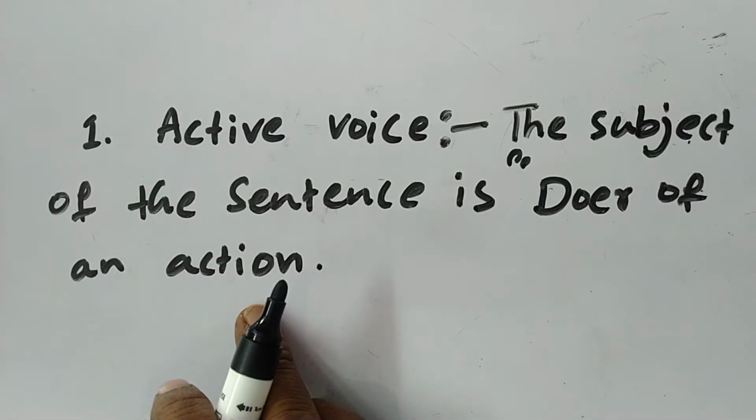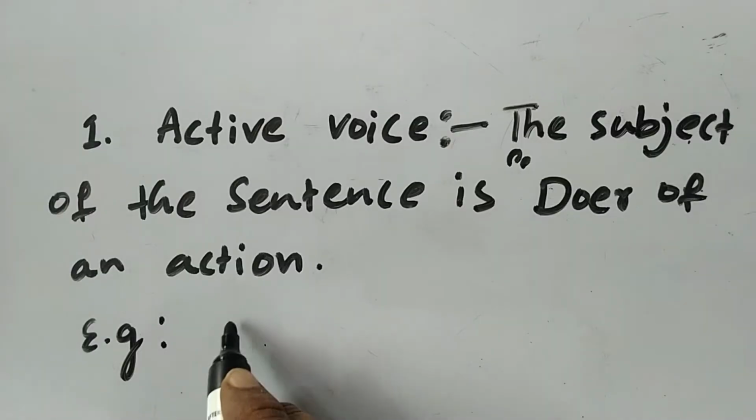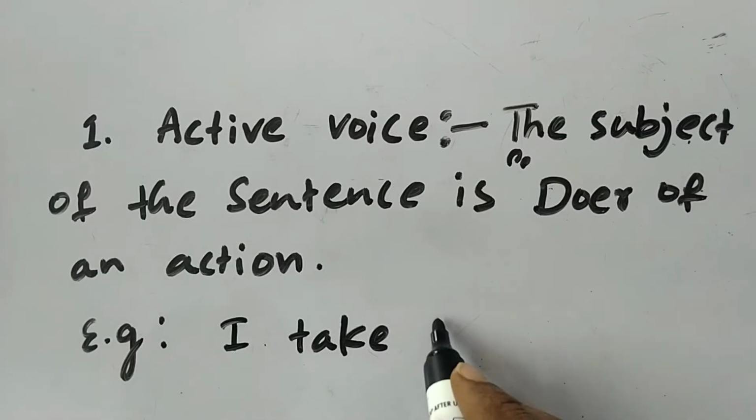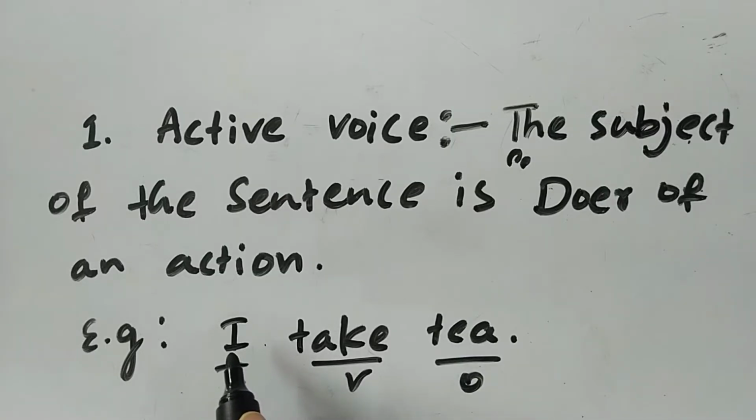So it is said to be active voice. So here the subject works. If the subject works, it is said to be active voice. Example: I take tea. Subject, verb, object. Here I is the doer of the action, right? So it is an active voice.